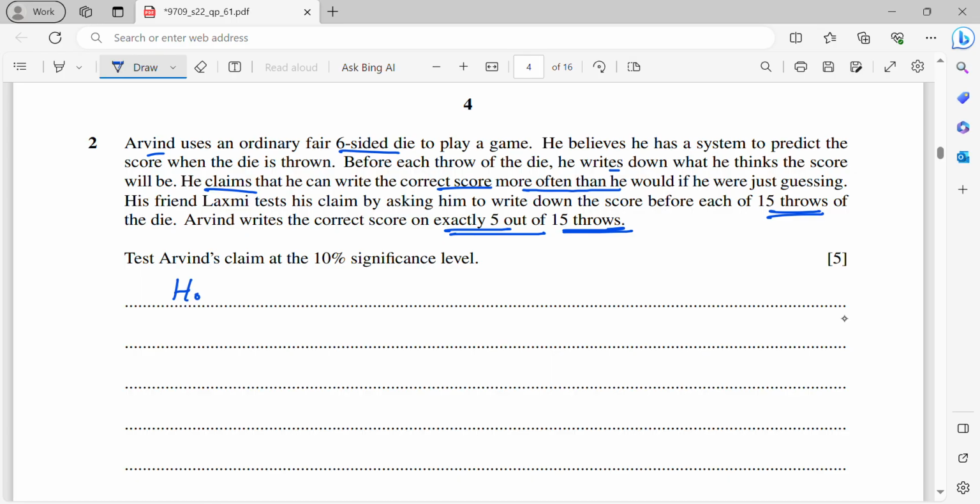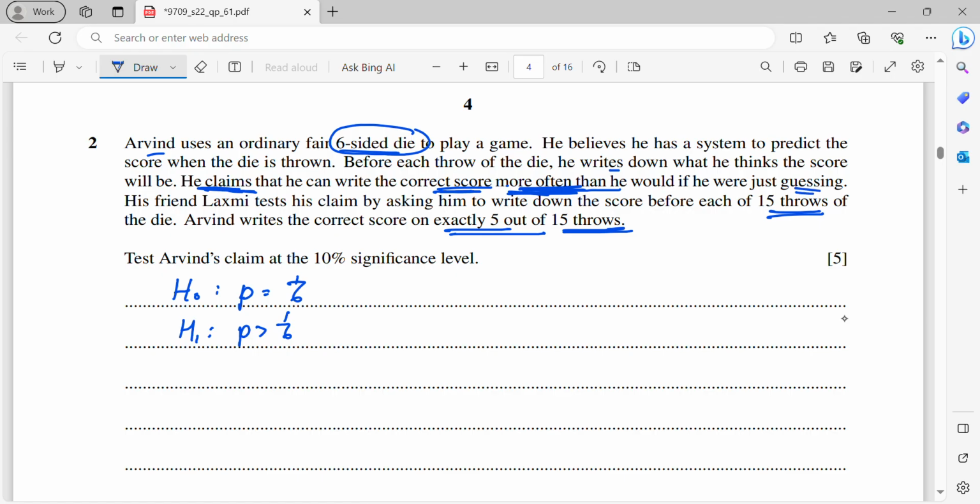So now H naught, the P is 1 over 6. Why 1 over 6? Because 6-sided dice. Alright, so now H1 is going to be P more than 1 over 6. From where do we get this? Because he claims that he can write the correct score more often than he would if he were just guessing.